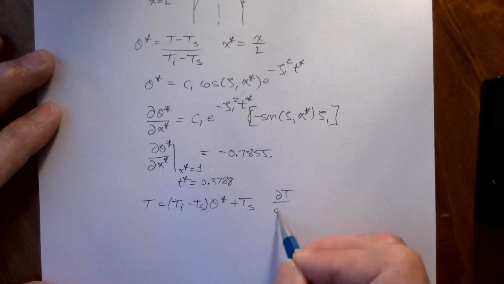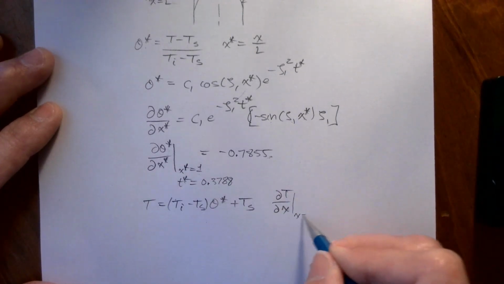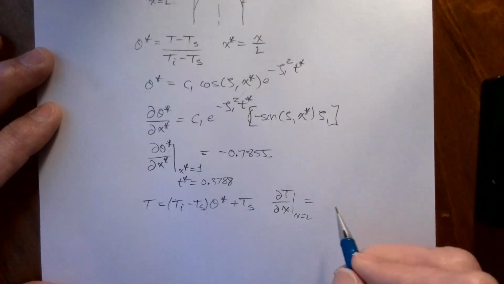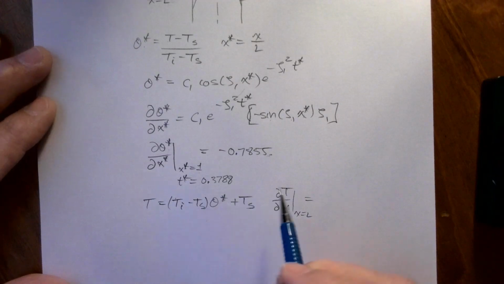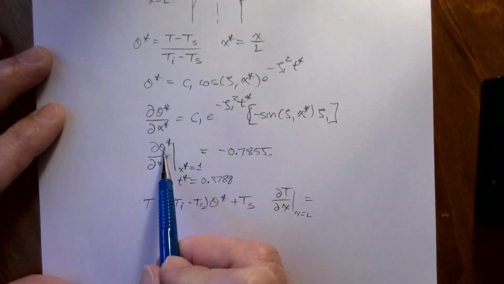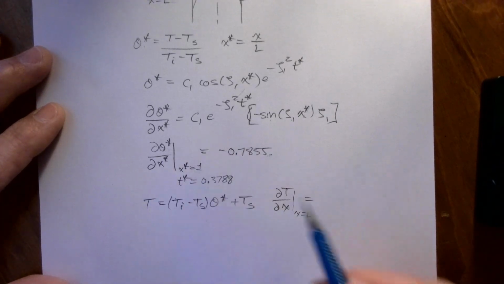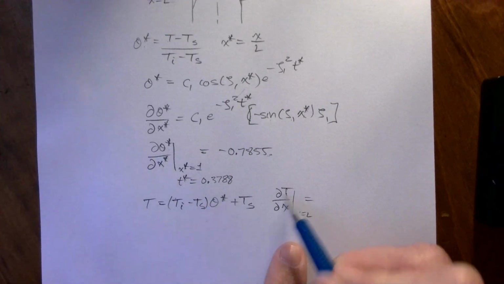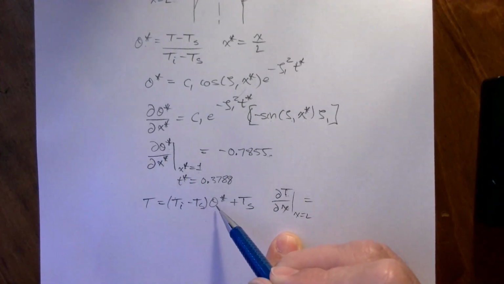So the partial of T with respect to x at x equal to L is going to be equal to, I'm going to scale this partial of theta. Let's make a substitution for the partial of T with respect to x. Put this equation there, and that'll convert it to the partial with respect to theta star.